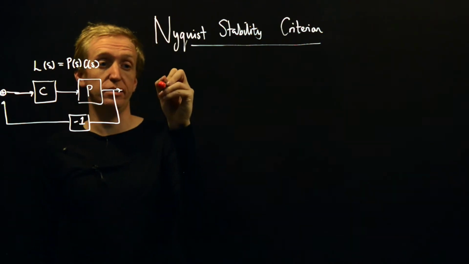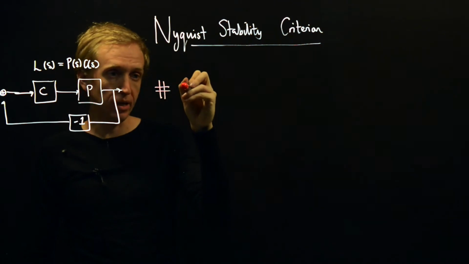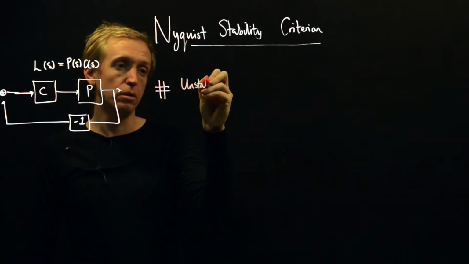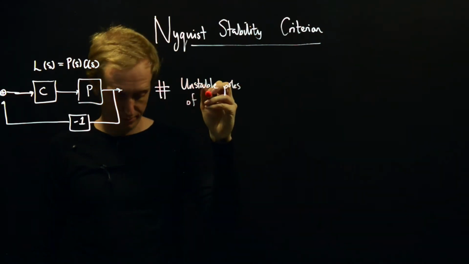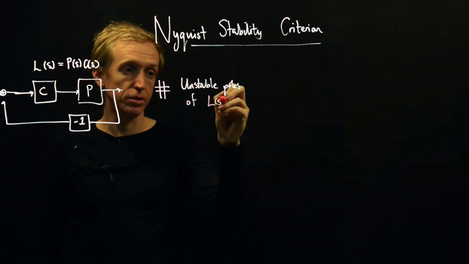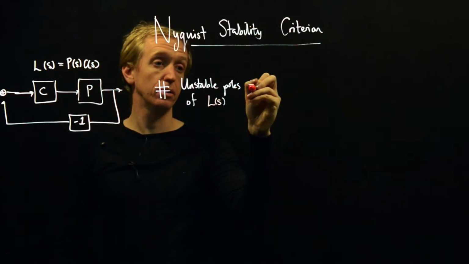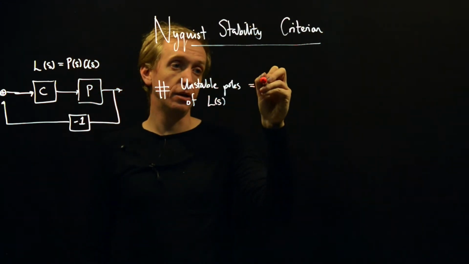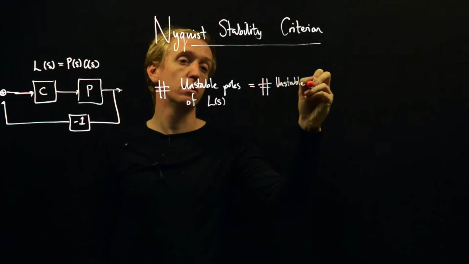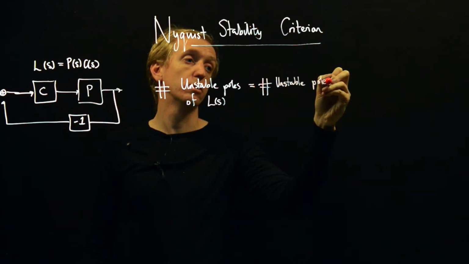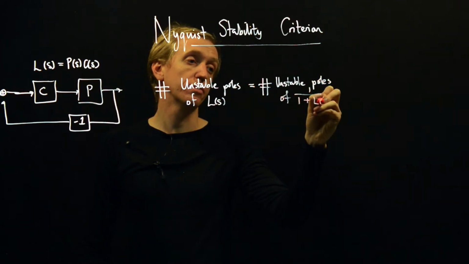And it tells us that the number of unstable poles of L(s), the return ratio transfer function or the open loop transfer function, is equal to the number of unstable poles of 1/(1+L(s)).